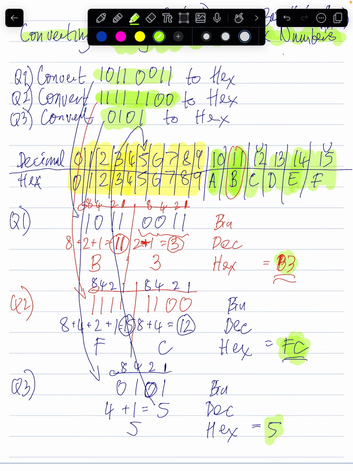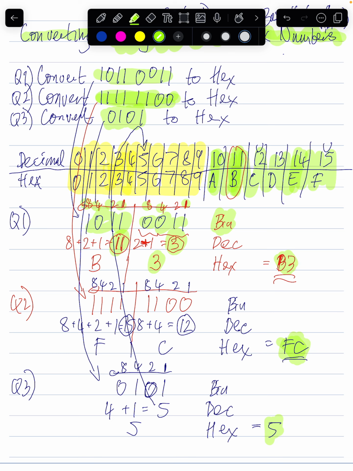Okay, so it's just a method to learn. First of all, we write the binary down and split it up into groups of 4. We write the column headings on the groups of 4, 1, 2, 4, 8, 1, 2, 4, 8, and we convert the 2 groups of 4 separately into decimal, going from binary to decimal.